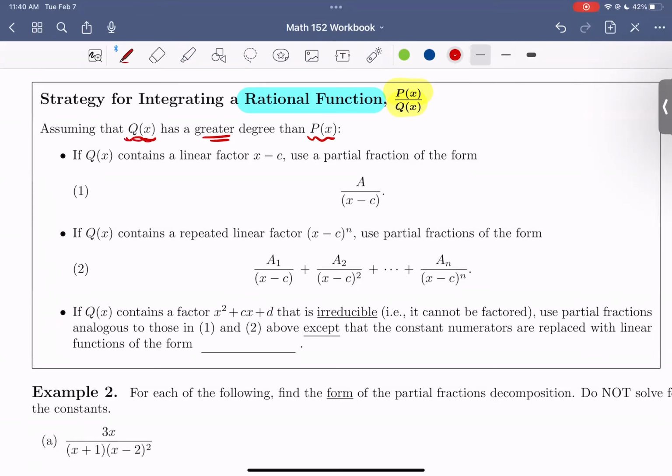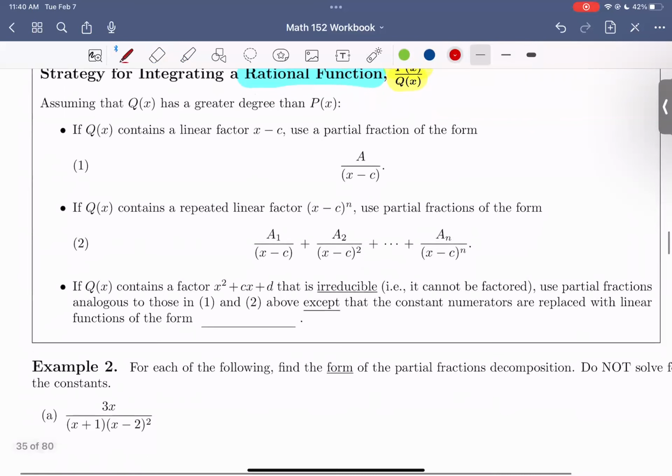The degree is the highest exponent on the variable. In the examples and problems we do in this class, we're always going to be looking at integrals where the denominator has a larger degree than the numerator. Okay, so let's look at these three situations for what the denominator function could look like.